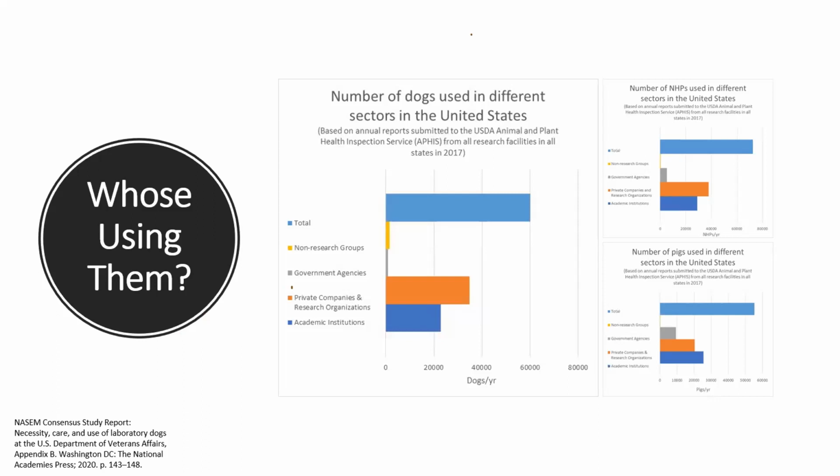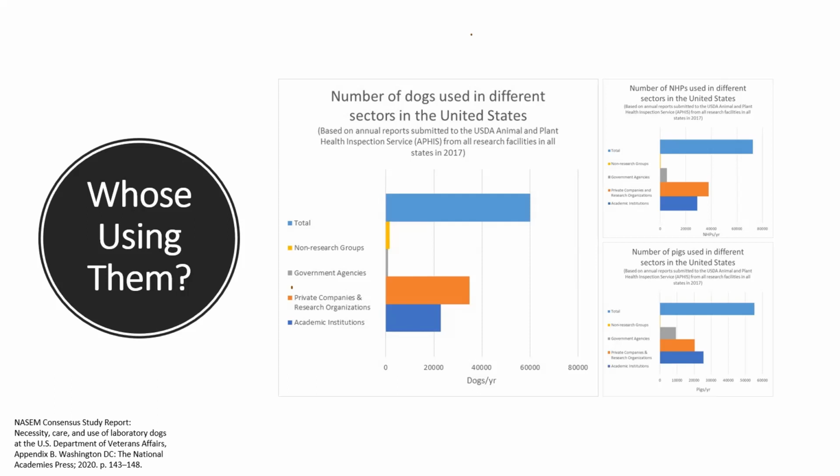So, who's using these animals? The following data is again collected from the USDA database. It is for the year 2017, which was at the time the last year we had the full set of data. Collecting this data requires going back into the individual annual reports submitted by all of the reporting institutions to figure out which institutions are using what.